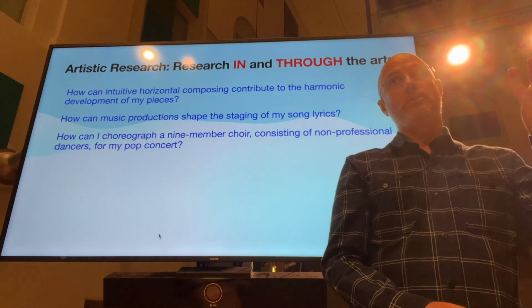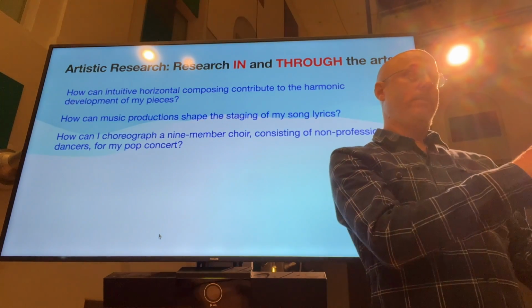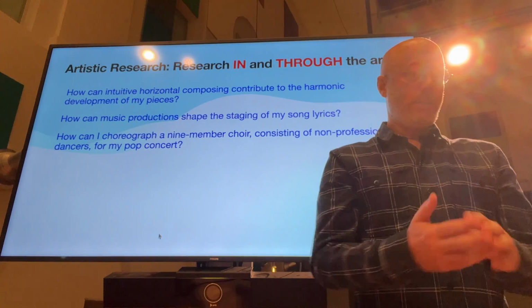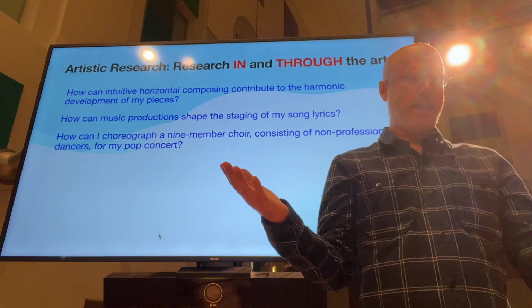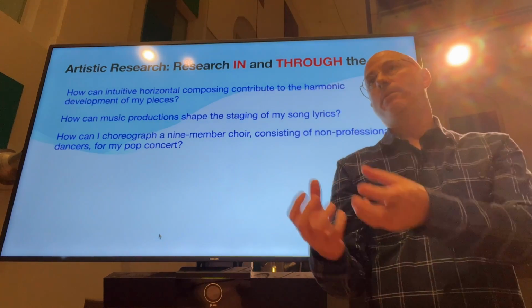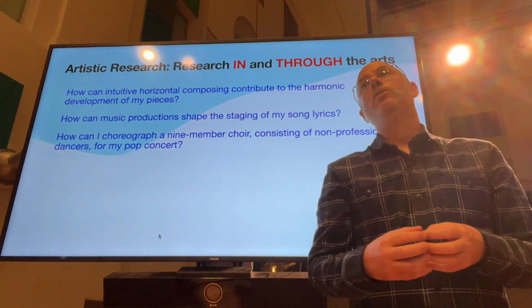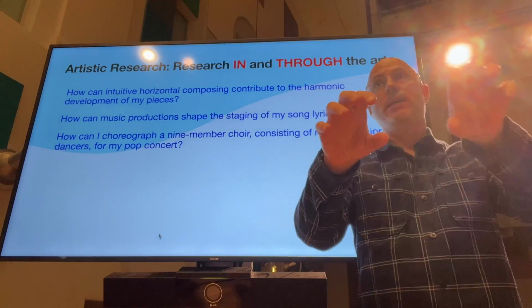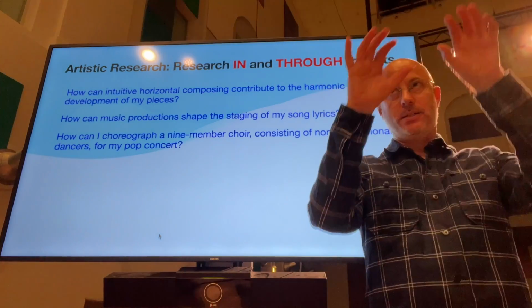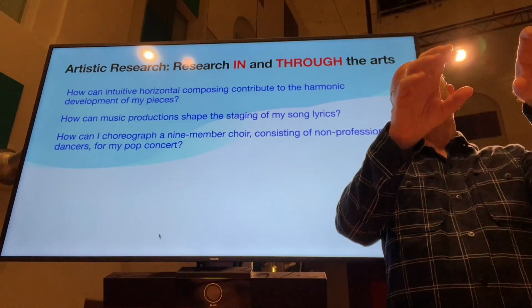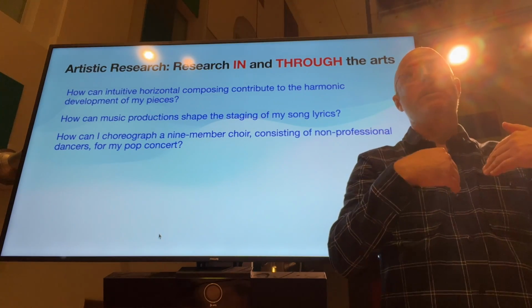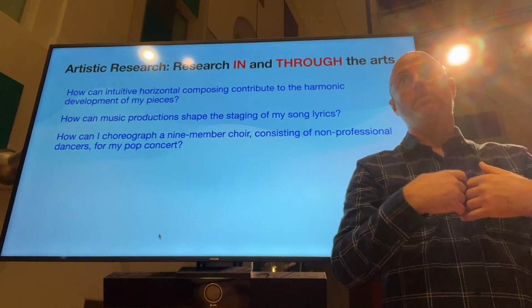And we do use musicology in our artistic research. So if you're choreographing 9-member choirs, you might want to study other people who have done that, if that exists. And then you look at how they did it, which is that process, that tool is musicology. But the reason you're doing that is to see how it informs your practice.